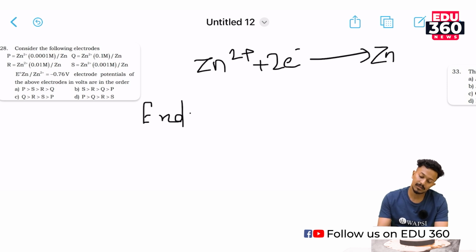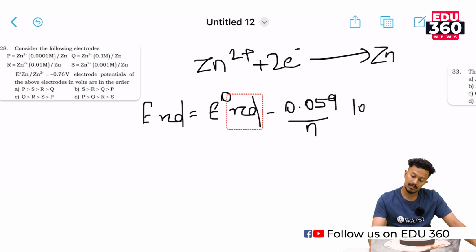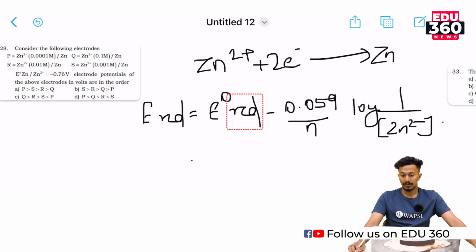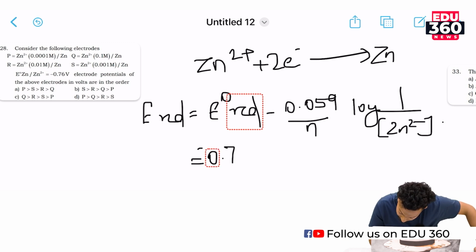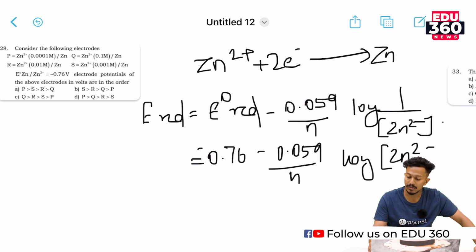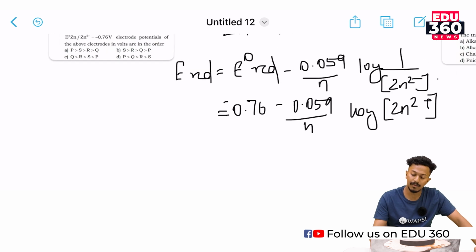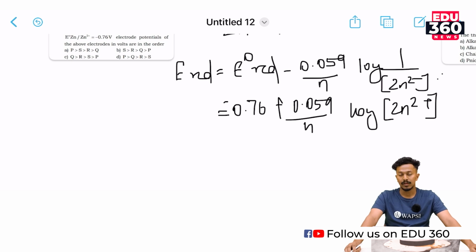E reduction of this reaction is equal to E0 reduction minus 0.059 by n log 1 by Zn2+. So the E reduction for this reaction would be minus 0.76 minus 0.059 by n into log 1 by Zn2+.